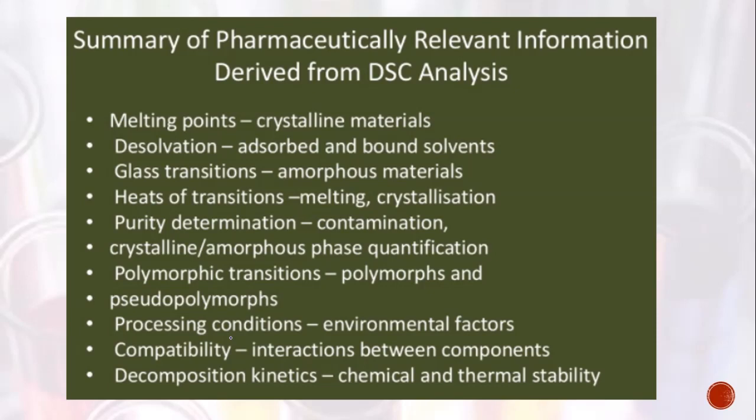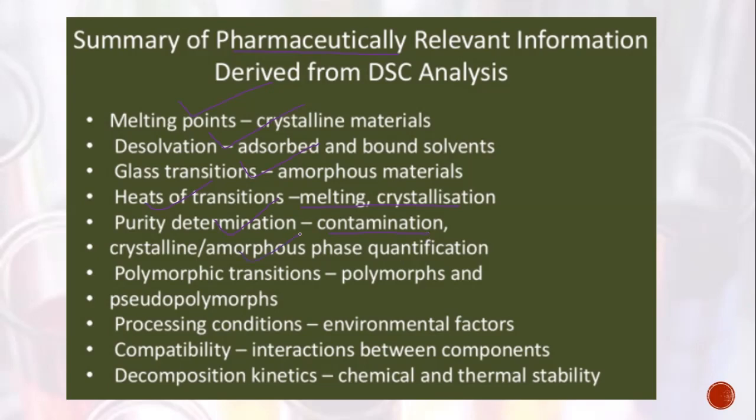This particular test is very important for pharmaceuticals, where we can check for melting points. We can also investigate dissolution of substances in certain solvents, check for glass transitions of amorphous materials, and check for heat transitions such as melting and crystallization. We can determine purity because if there is contamination, then the melting and boiling points can be altered.